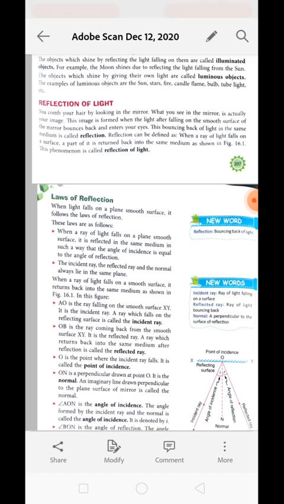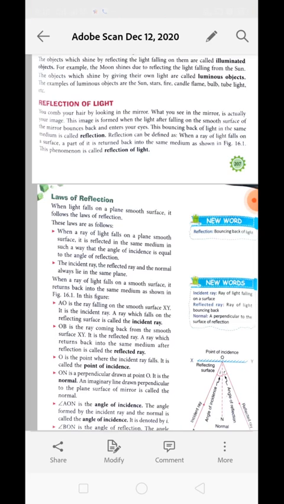This bouncing back of light in the same medium is called reflection. The bouncing back of the light from the mirror to your eyes is called reflection. Reflection can be defined as: when a ray of light falls on a surface, a part of it gets returned back into the same medium.